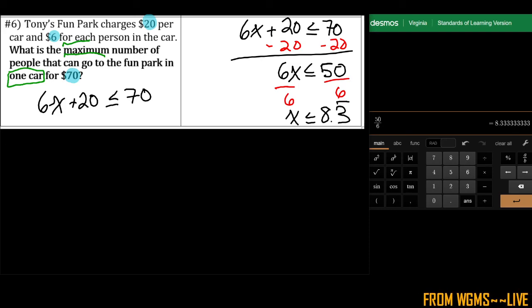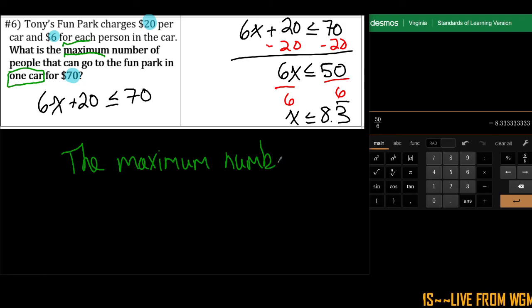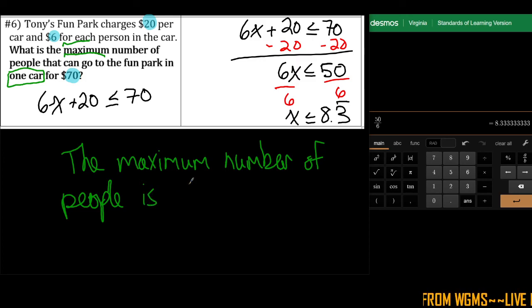And so we could say the maximum number of people is 8 whole bodies.